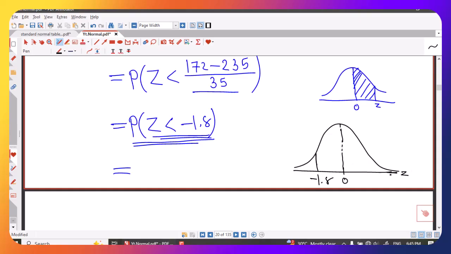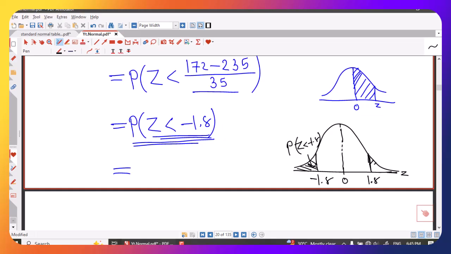On this horizontal axis we have values of small z, and I am interested in this probability that z is to the left side of minus 1.8, and by the symmetry of this density curve we will have somewhere here 1.8.